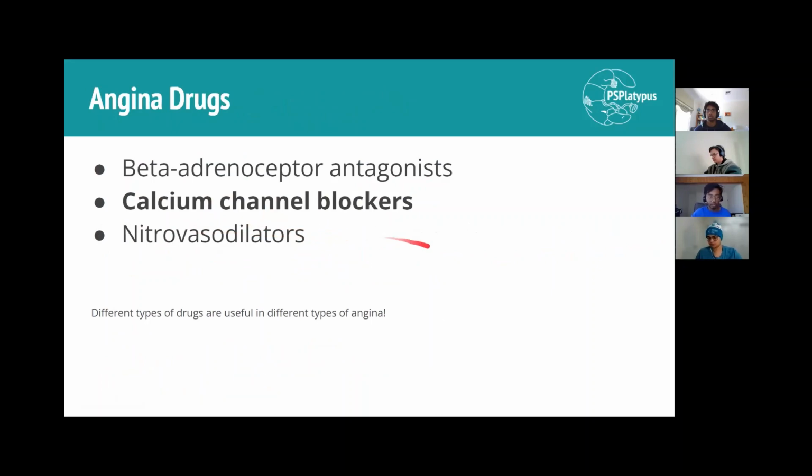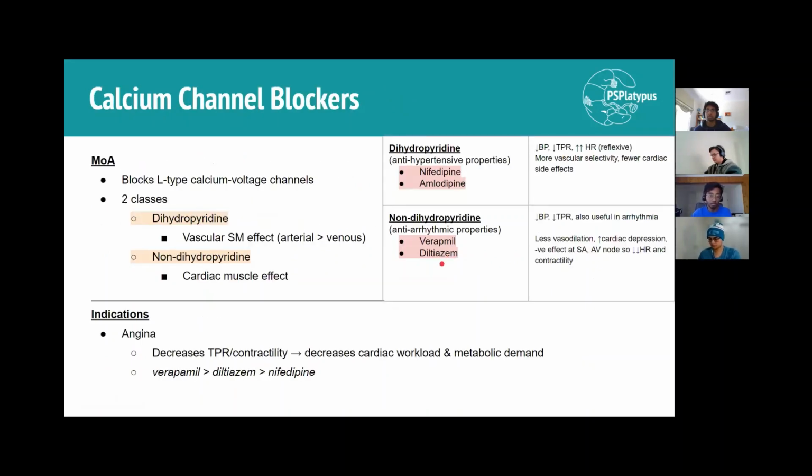The second type is calcium channel blockers. So any muscle cell uses calcium as a means to cause muscle contraction, and calcium channel blockers essentially block calcium voltage channels. And there are two main classes.